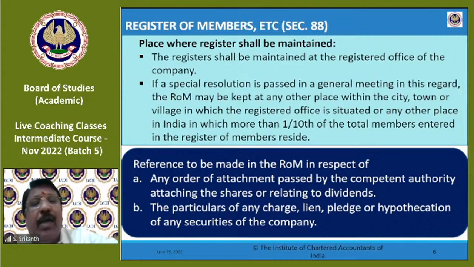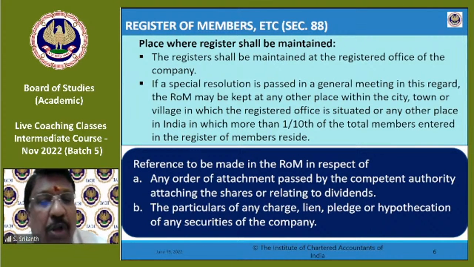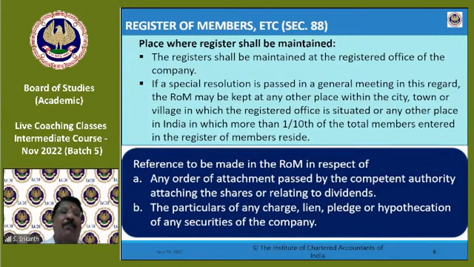This has to be noted in the register of members also, of the company. So my DP will inform the depository, who will inform the company or the share transfer agent, who will then mark the pledge. That's all. This is done in digital formats today, online.